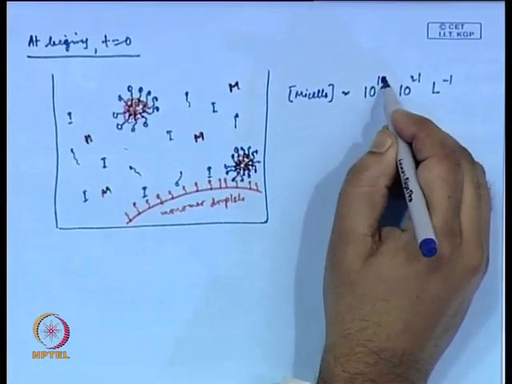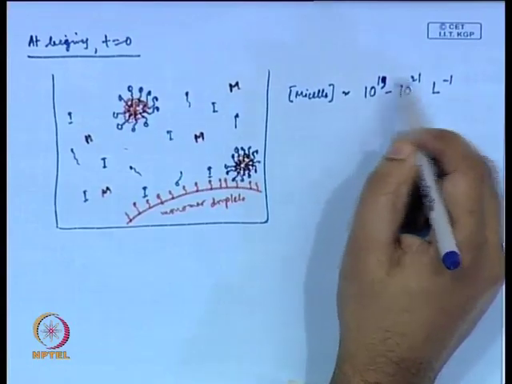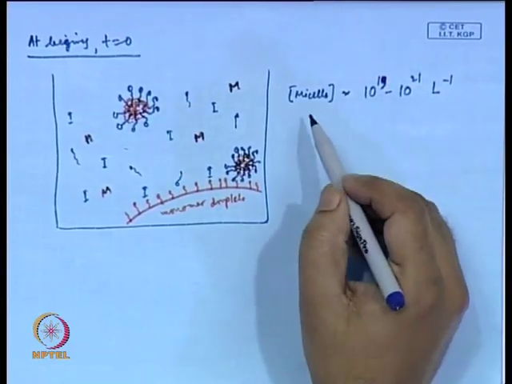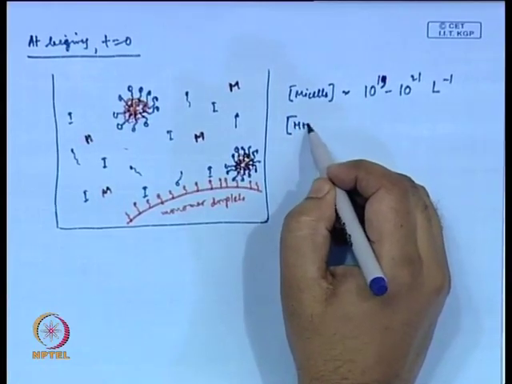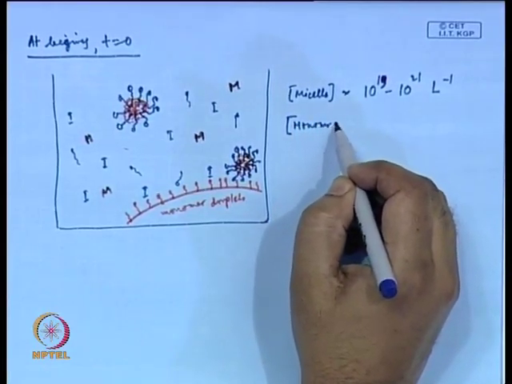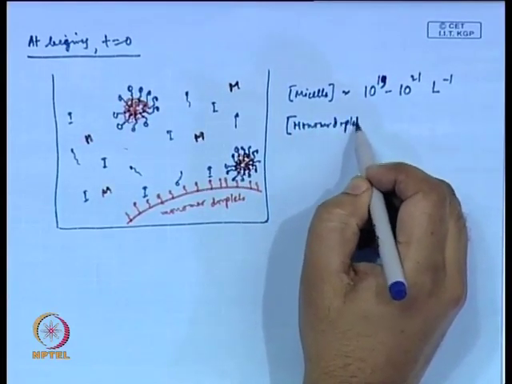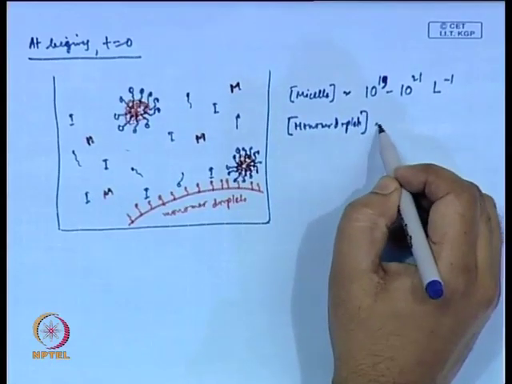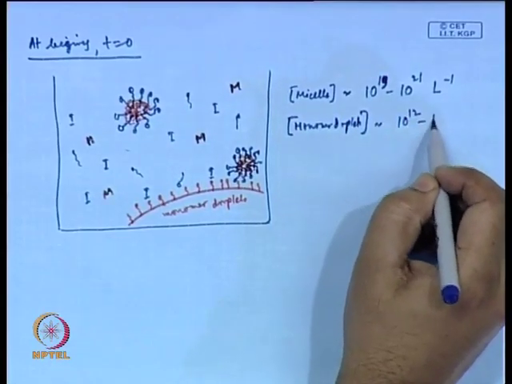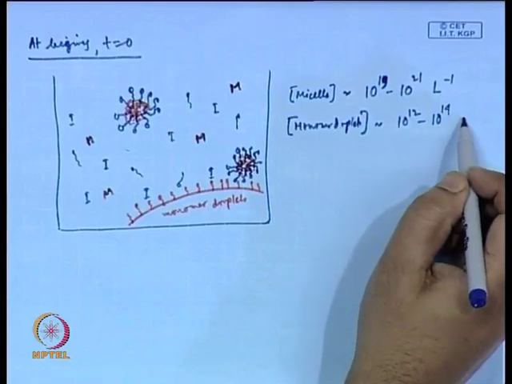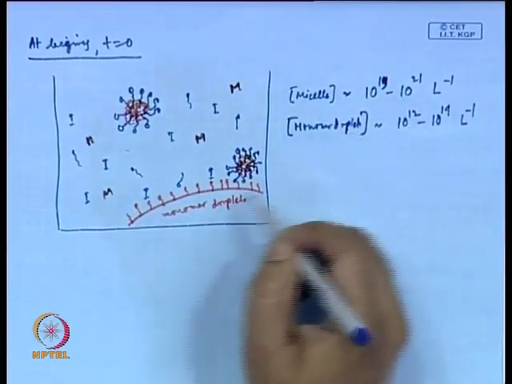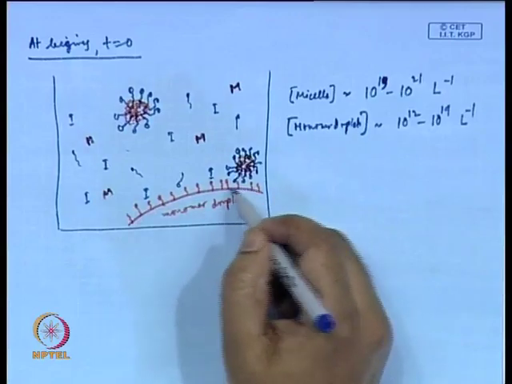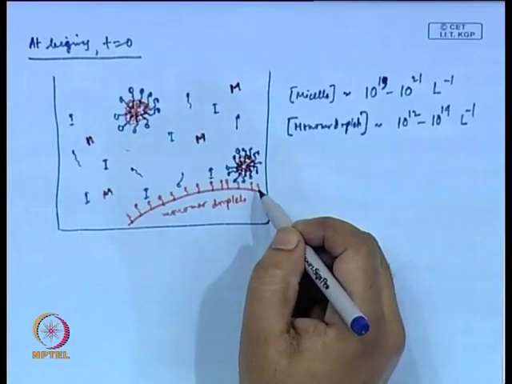So, per liter you have this many micelles, and the concentration of monomer droplets is of the order of 10 to the power 12 to 10 to the power 14 per liter. All these monomer droplets are stabilized again by adsorption of the surfactants.